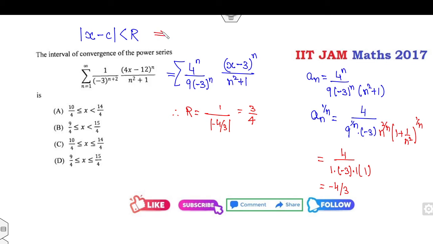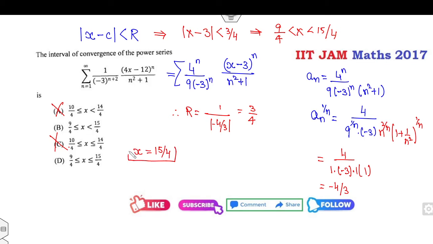So I can substitute this expression. |x minus 3| is less than 3 over 4. So if you open this bracket, it will be 9 over 4 is less than x is less than 15 over 4. So these two options are cancelled out. Now whether the equality appears or not, now clearly say at x is equal to 15 over 4. Fine. We will see whether at x is equal to 15 over 4 the series is convergent or not. I can substitute this value in the given expression.